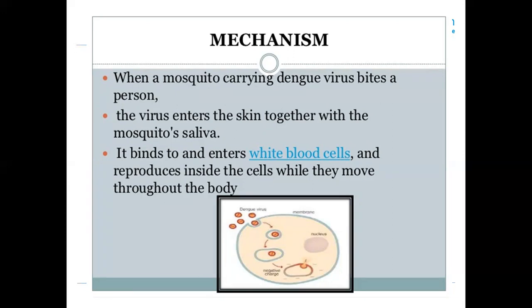After entering the skin and the blood, it binds and enters the WBC. And it's very interesting because we know that WBCs are important to maintain our immune system. But this particular virus multiplies inside the immune cell, that is the WBC.